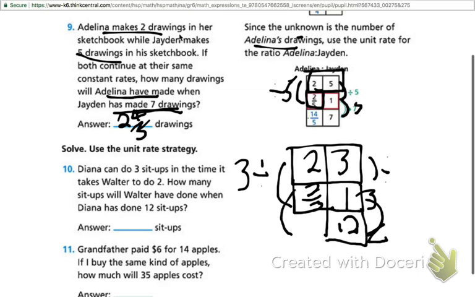Multiply this by 12. You get 24/3. And he's done 24/3, which we can then reduce to 8.